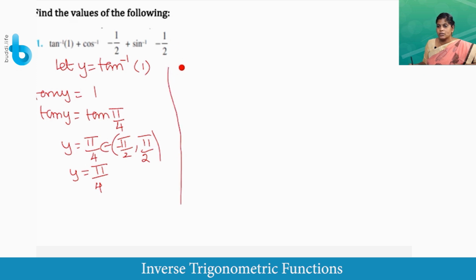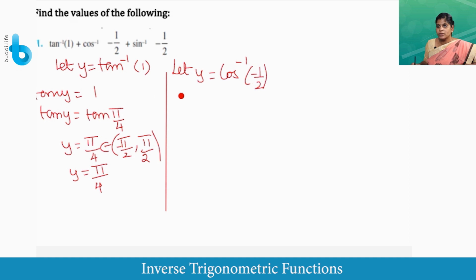Okay, now we'll do cos inverse of minus 1 by 2. Let y equal to cos inverse of minus 1 by 2 and cos y equal to minus 1 by 2.